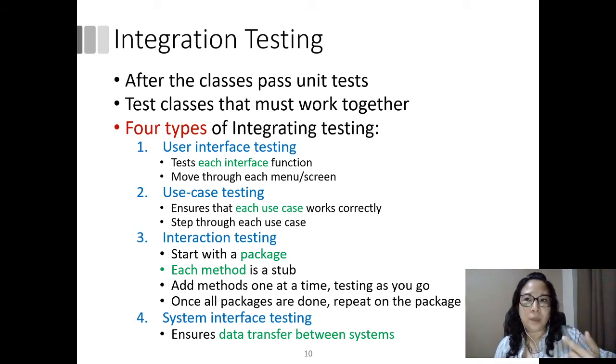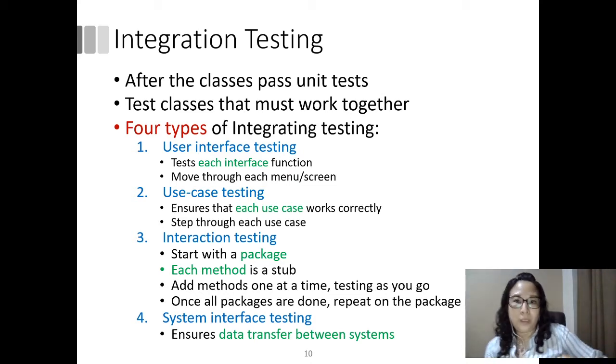If you still remember, during the design phase we did the Windows navigation diagram or storyboard. The user interface testing will test based on that Windows navigation diagram or the storyboard.